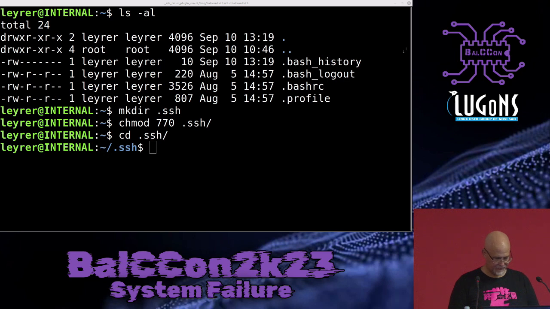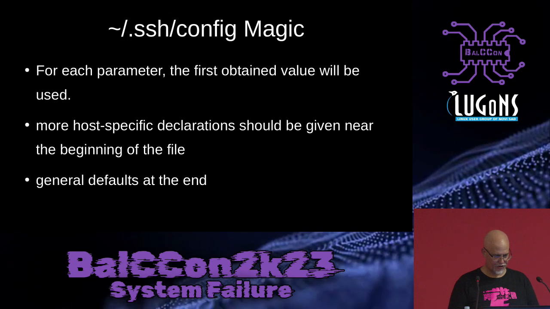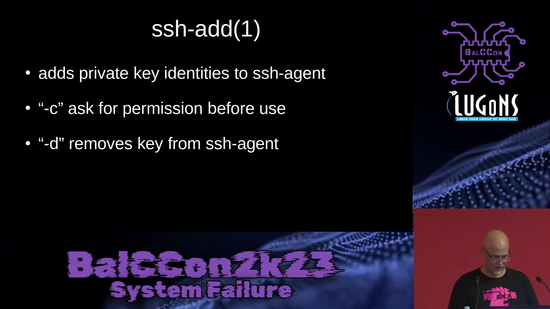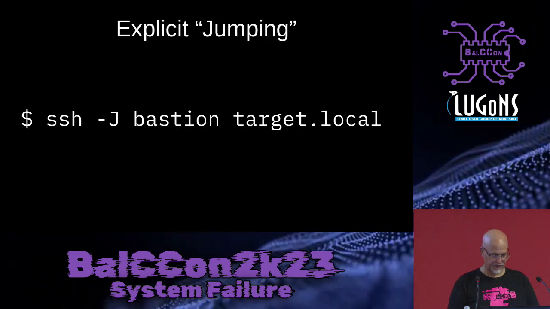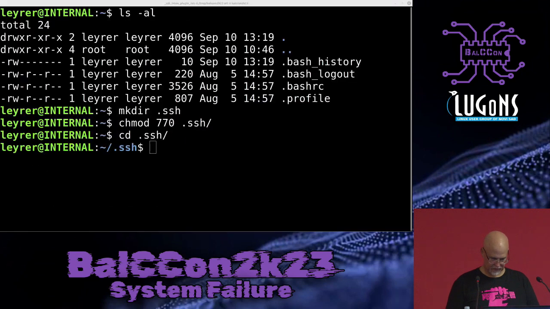And if I remember correctly, it's authentication, what's it called? Authorized keys, thank you. Bonus points for you, sir. So, yeah, I'm right. VI authorized keys. See leyrer struggle live on TV.